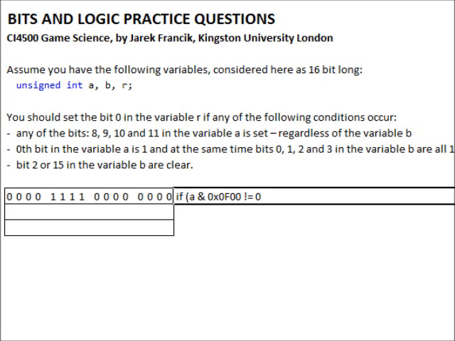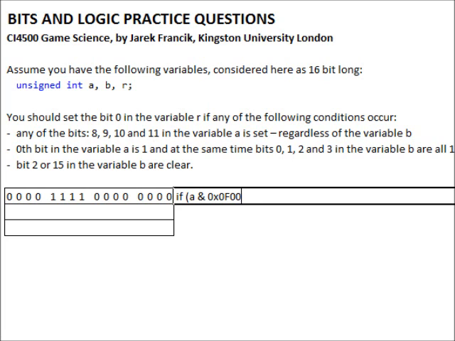So actually we can delete these characters here, and the value of a and 0x0f00 will generate the logical true in case it is not equal to 0. So it's exactly what we want to achieve.